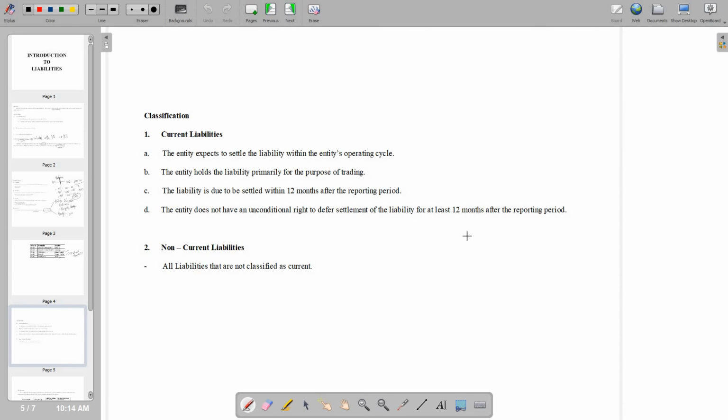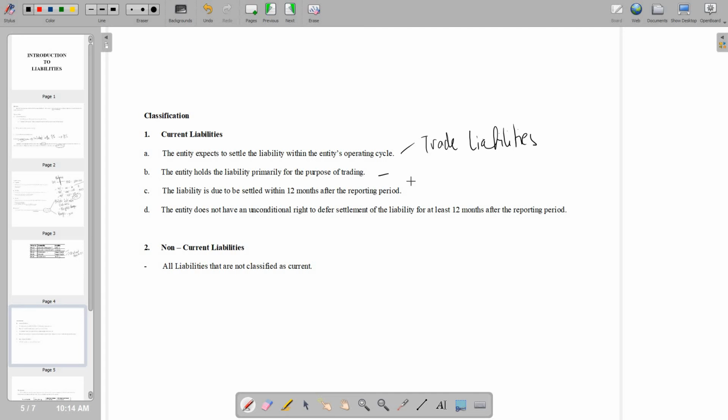Next, we have two classifications of liabilities, current and non-current. Okay? So number one, the entity expects to settle the liability within the normal operating cycle. So this is true with trade liabilities. Okay? Number 2, the entity holds the liability primarily for the purpose of trading.